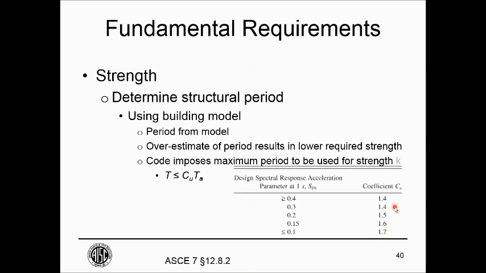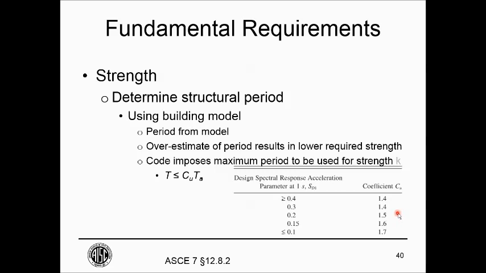So if you are in a place with a pretty high seismic design spectrum, your Cu might be 1.4. If you're in a place with a much lower seismic demand, your Cu might be higher, which means buildings are expected to be stiffer in San Francisco than in, say, Las Vegas. And in Las Vegas, they're expected to be stiffer than in Phoenix.